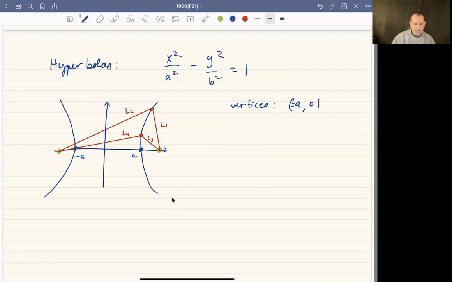So here the vertices are on the x-axis, and that means the focal points are also going to be on the x-axis. These are given by plus or minus c comma 0, where c squared is a squared plus b squared. So that's what turns out to be the focal points for a hyperbola.